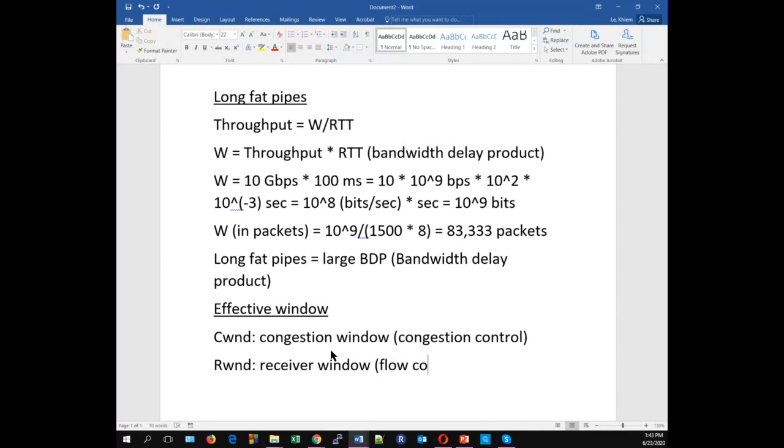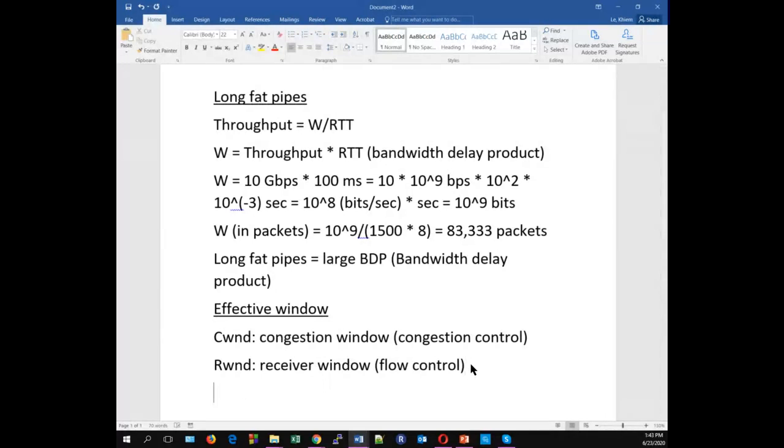It's used for flow control. The purpose of the congestion window is not to overwhelm the routers on the path. The purpose of flow control is not to overwhelm the receiver.